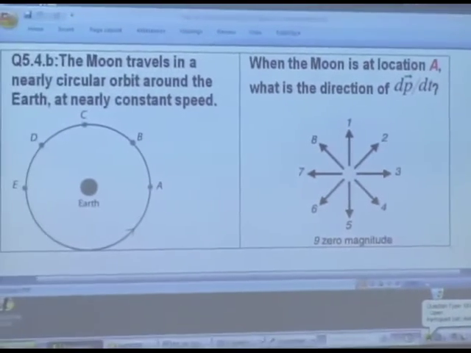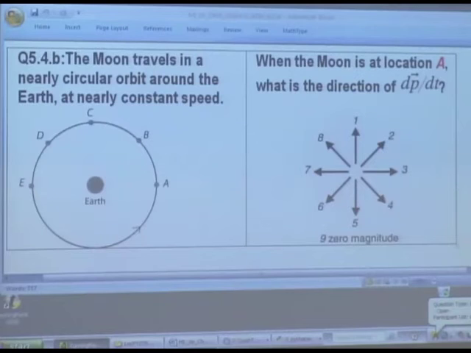And remember how we're determining directions here. We have this procedure for finding the direction of dp dt, and we're expecting you to use it. You can draw it on paper, you can draw it in the air, or you can sketch it with your hands, but you do need to actually think about the procedure in order to get the answer right.